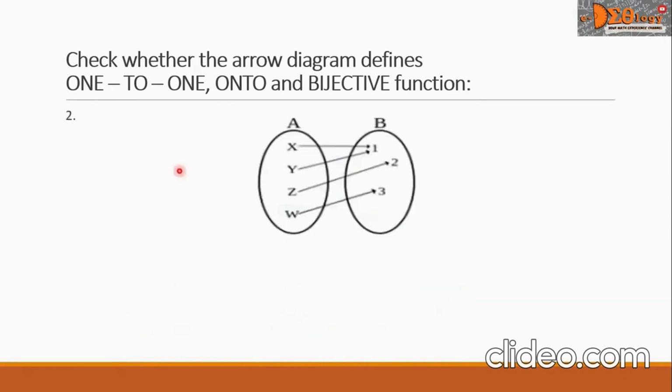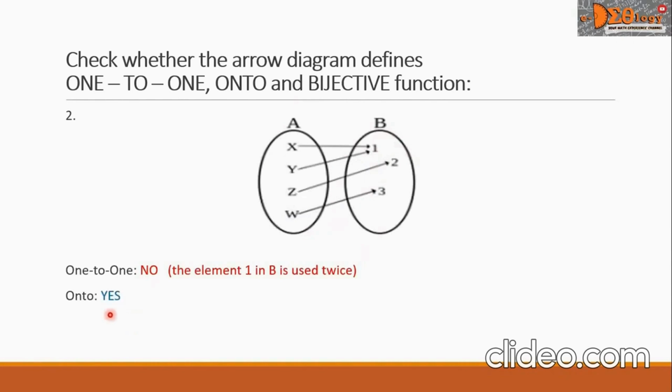Let's have example 2. Look at this figure and we will check if this is 1-to-1, onto, or bijective. Is the function 1-to-1? The answer is no, because the element 1 in group B is used twice. Next question. Is the function onto?